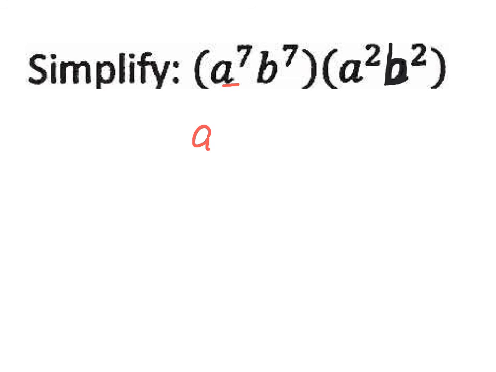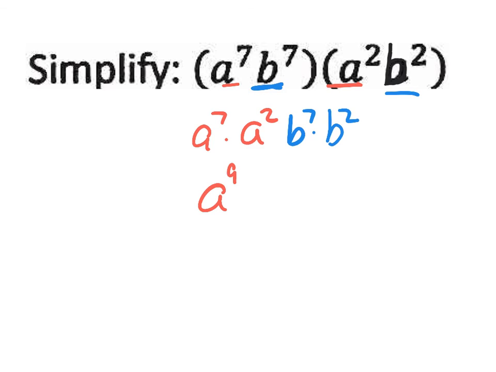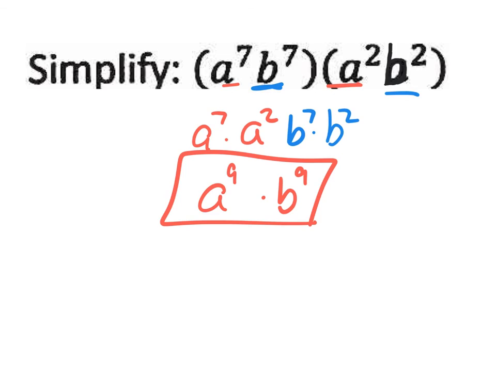I want to say a to the 7th times a to the 2nd, right? And then I'm also going to say b to the 7th times b to the 2nd. So of course, a to the 7th times a to the 2nd, the rule of exponents says we have to add those exponents, and we'll get a to the 9th power. And b to the 7th times b to the 2nd, that is b to the 9th power as well. So there's my answer, a to the 9th, b to the 9th.